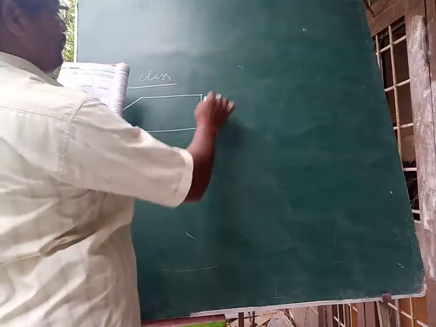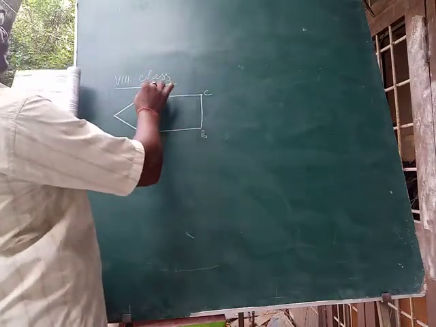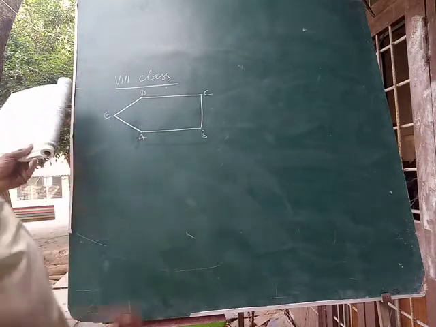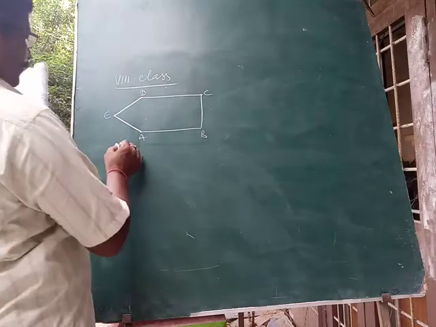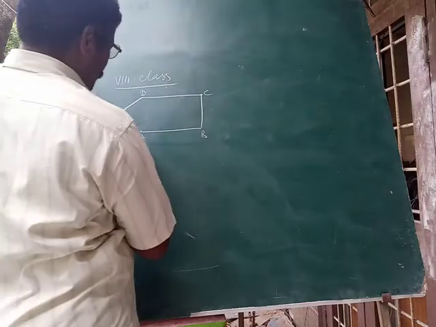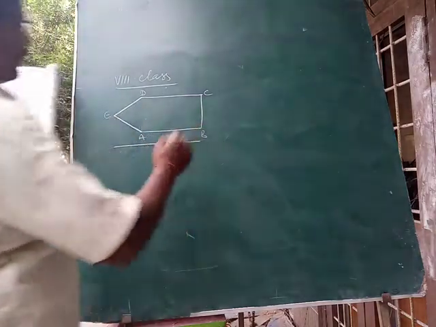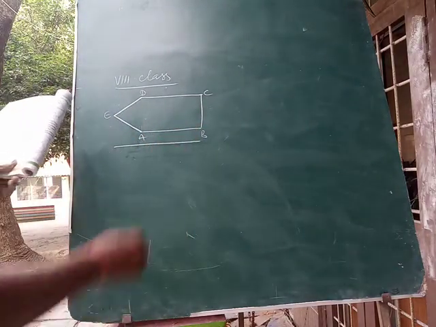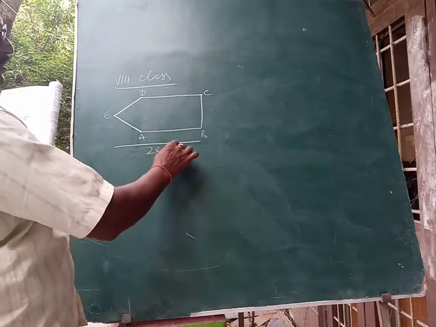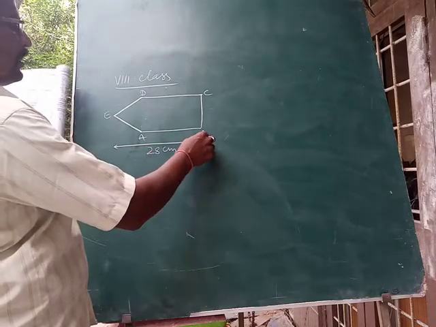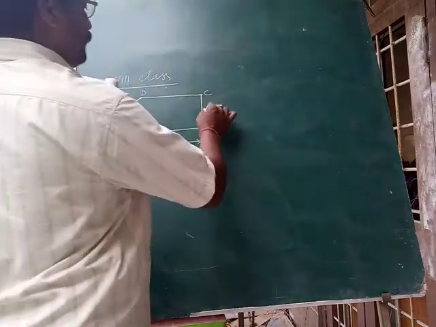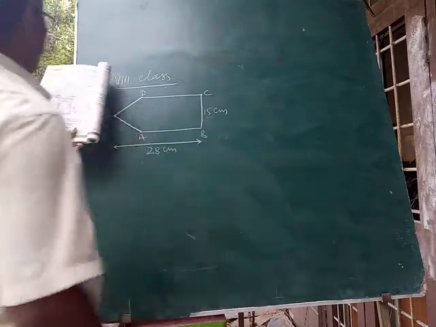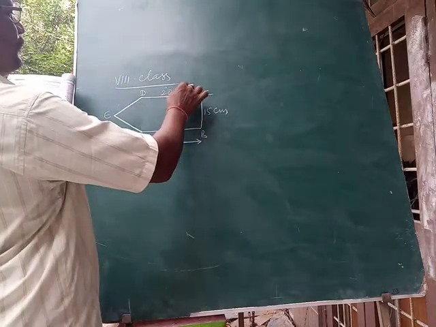A, B, C, D, E. The length from here to here, horizontally, is 28 centimeters. Next, BC is equal to 15 centimeters, CD is equal to 20 centimeters.